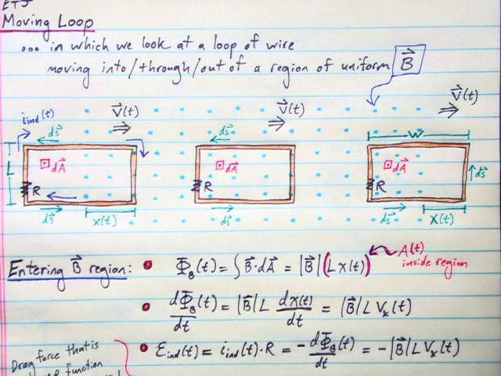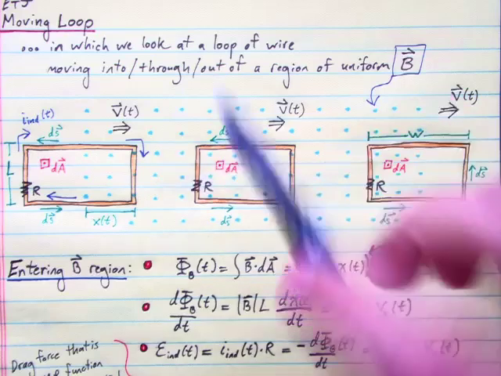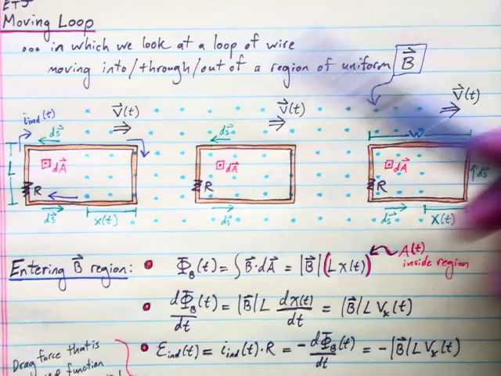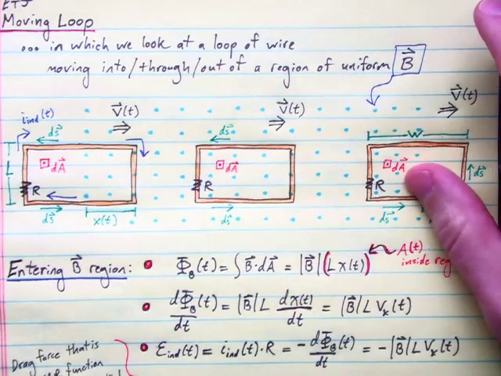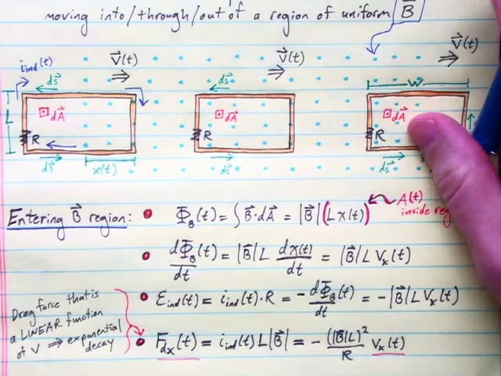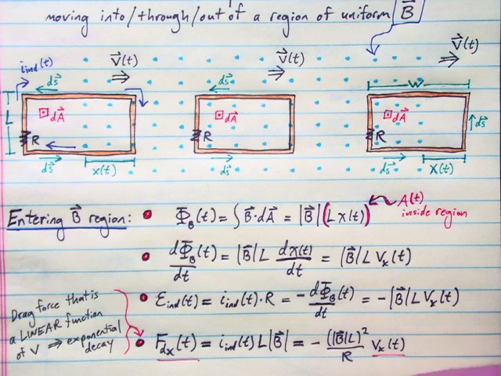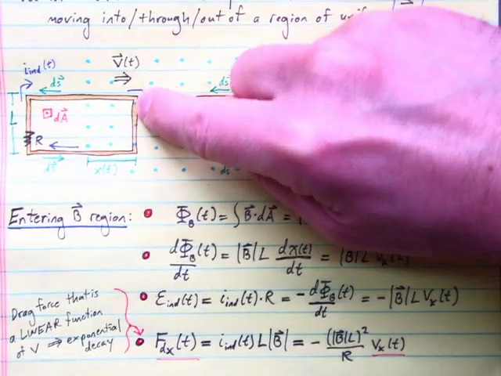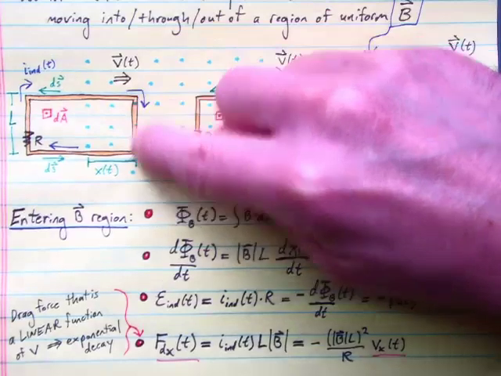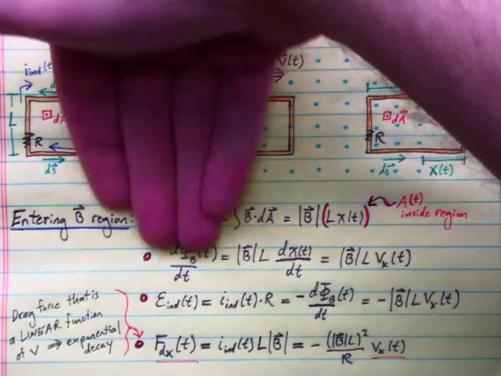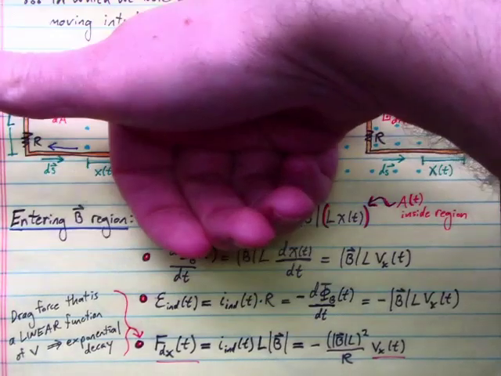Now that we've got current running through our loop as the loop begins to enter this region, some parts of our loop are going to be feeling magnetic forces, electromagnetic forces. So I L cross B forces. In particular, this segment here on the right with a current coming downward will feel a force I L crossed with B, thumb pointing to the left.